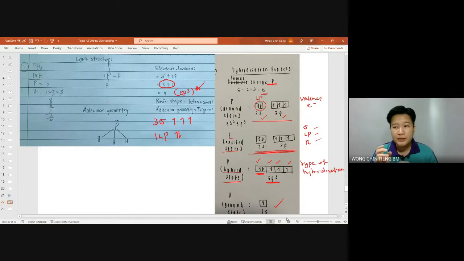Remember who should be bigger. Okay. And think very carefully the position of the lone pair. How should you put in the lone pair?